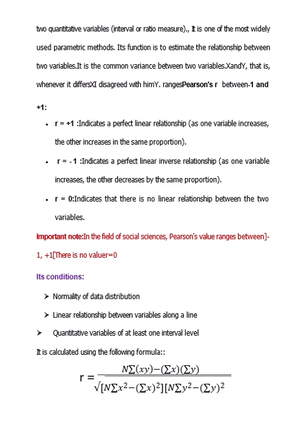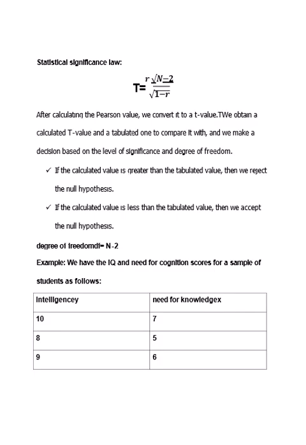Its conditions: normality of data distribution, linear relationship between variables along a line, quantitative variables of at least interval level. It is calculated using the following formula. Statistical significance. After calculating the Pearson value, we convert it to a t-value.